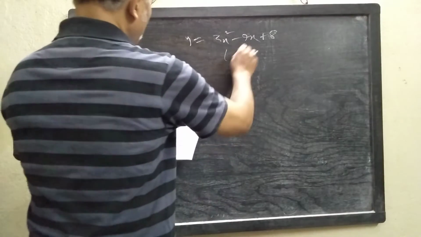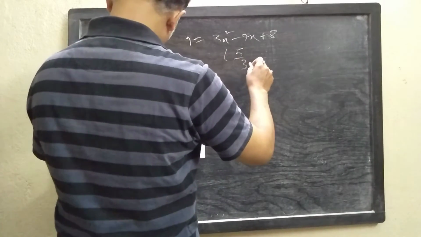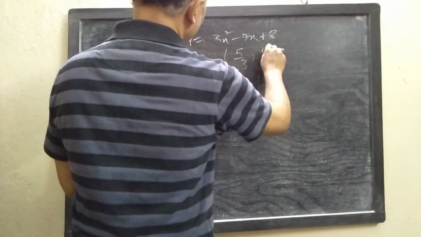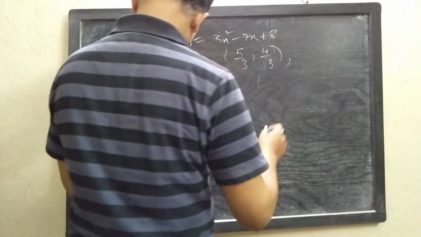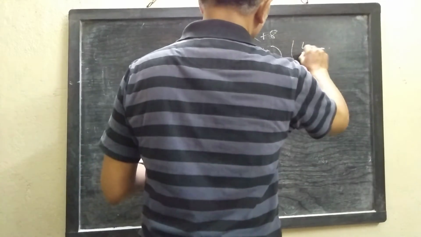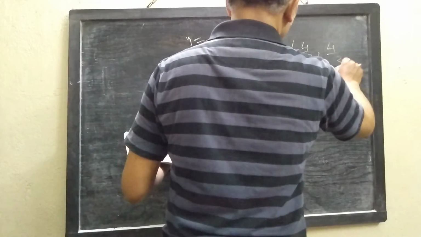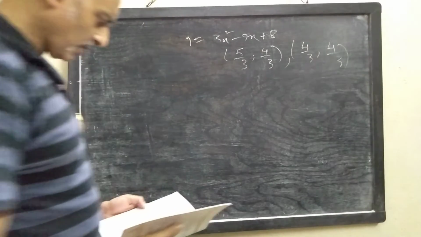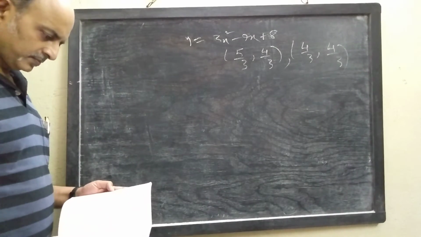Your answers are (5 by 3, 4 by 3) and the other is (4 by 3, 4 by 3). These two are the points.